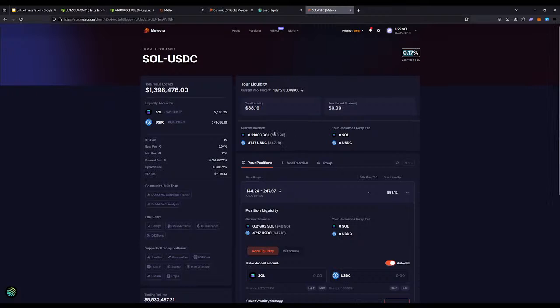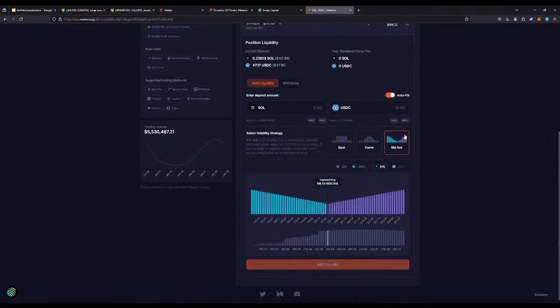So obviously, 0.17% of $80 would be, let's see, about 13 cents. So obviously this is not increasing or moving at all. But yeah, that is how you customize.